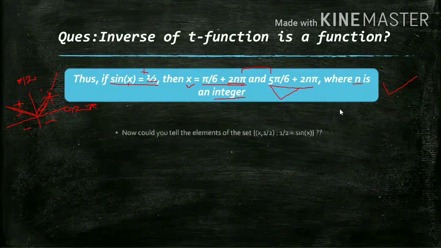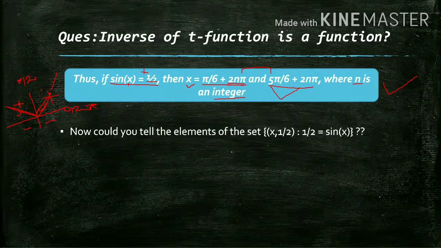Okay. Now, could you tell the elements of this set which I am drawing like this? The set of (x, half) such that sin x is equal to half. Basically, I just write the pairs satisfying this equation in this set form, where x is the angle, these angles, and y is nothing but the fixed half.